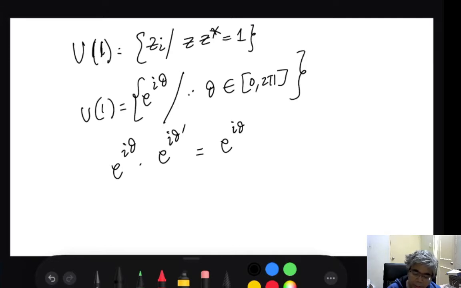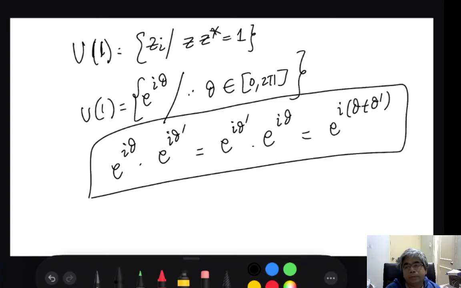So this is an abelian theory, an abelian group.